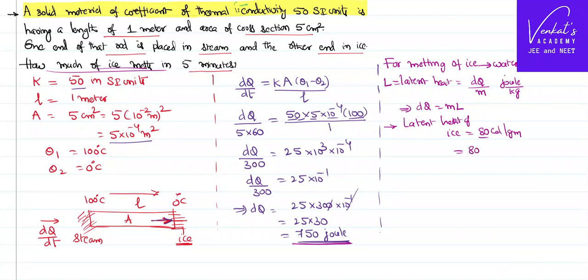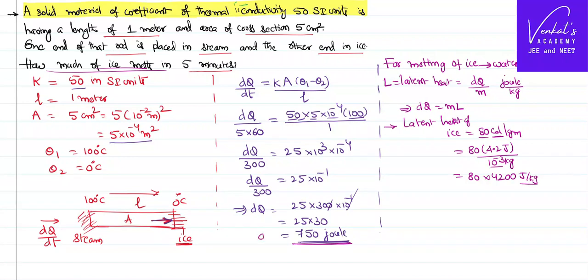But I want to convert that into the SI system. 1 calorie means 4.2 joules, and 1 gram means 10 power minus 3 kilogram. So latent heat of ice will be 80, minus 3 becomes plus 3 on the top, 4.2 into 1000 is 4200 joule per kilogram in SI system.